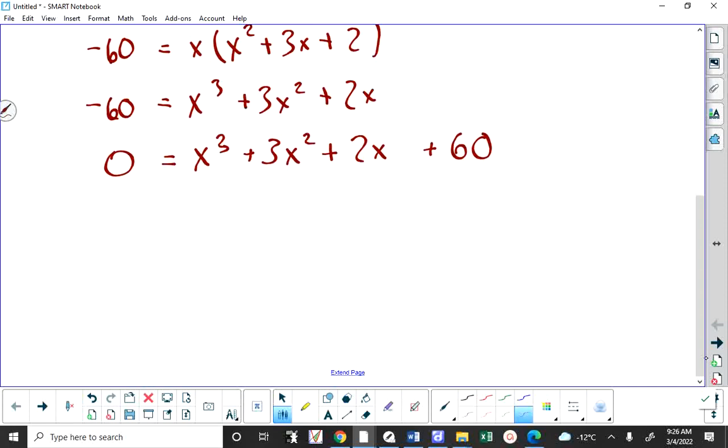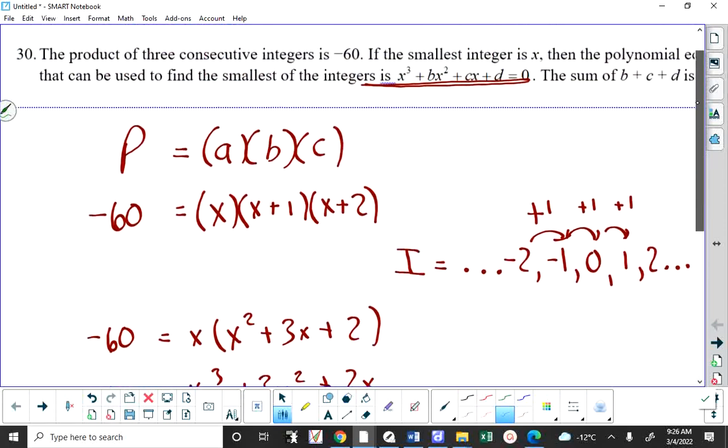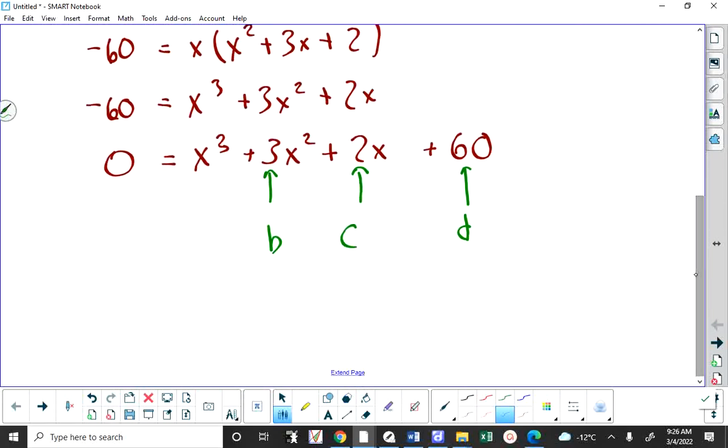And you were told that this is b, I believe. Is that right? This is c, and this is d. And I think you were asked for the sum of b plus c plus d, so it's going to be 65.